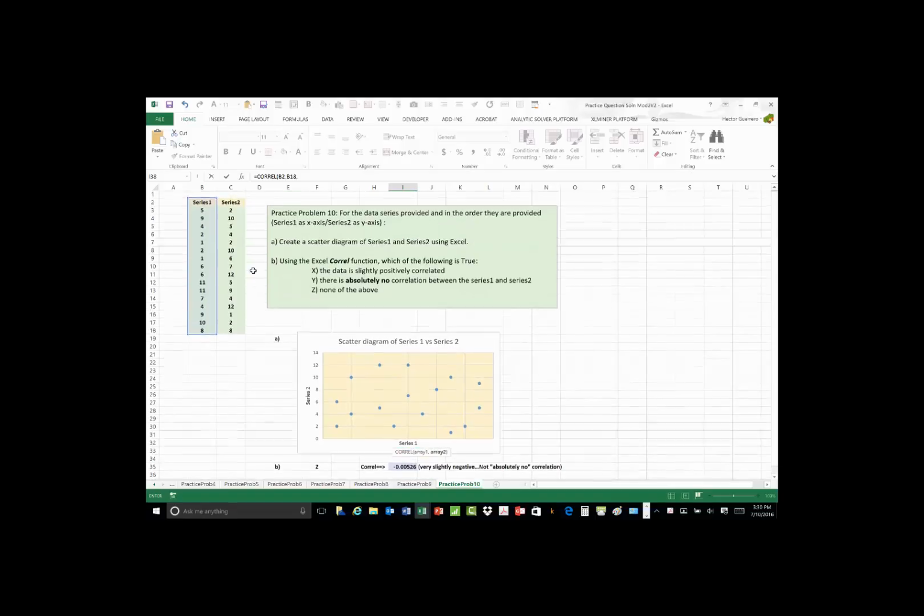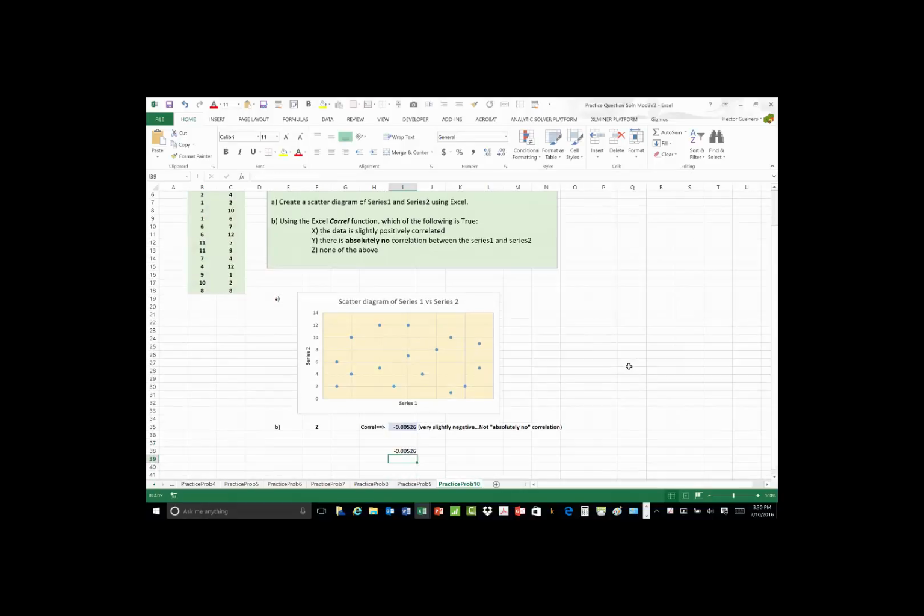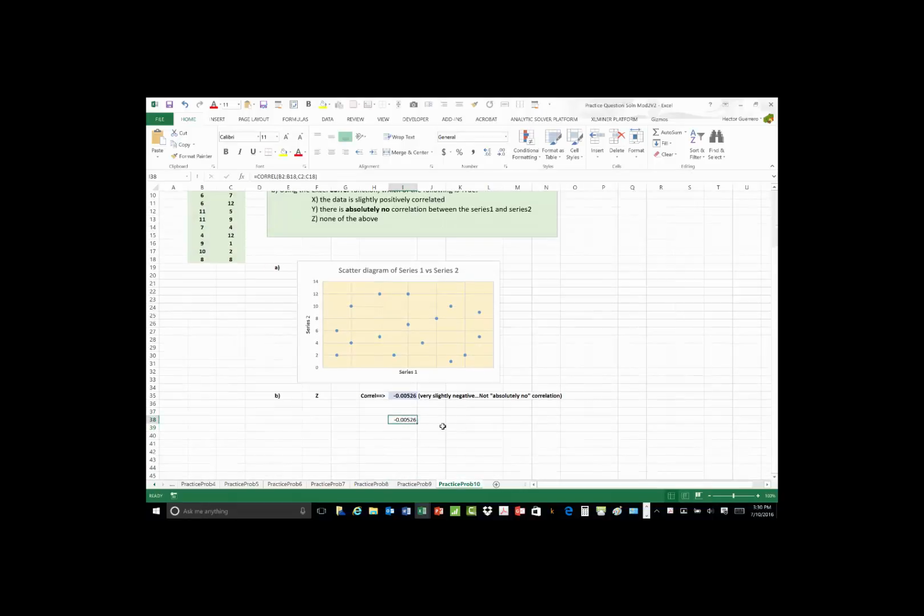Where's my second array? Right here. Hit return. And you can see the correlation calculated is -0.00526. Very, very slightly negatively correlated. Essentially, there's no correlation.